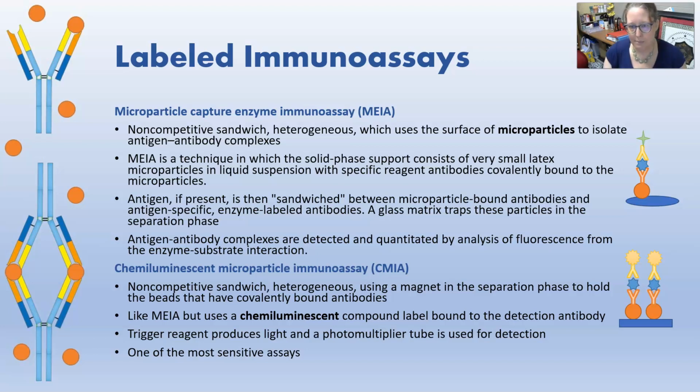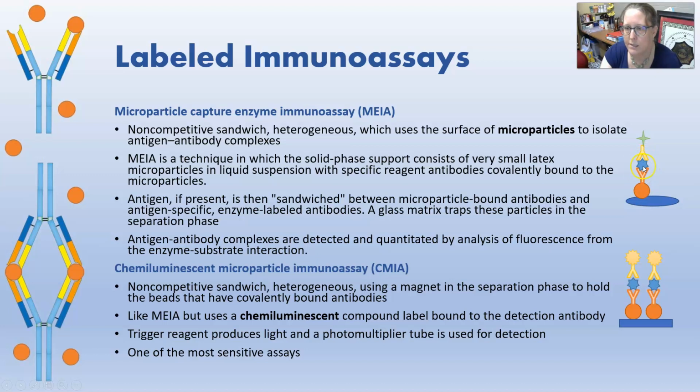The glass matrix will trap these particles in the separation phase, and then the antigen-antibody complexes are detected and quantitated by analysis of fluorescence from the enzyme-substrate interaction. So you can see it here. The blue here represents the glass matrix. The orange represents the microparticles that have been coated with a capture antibody.